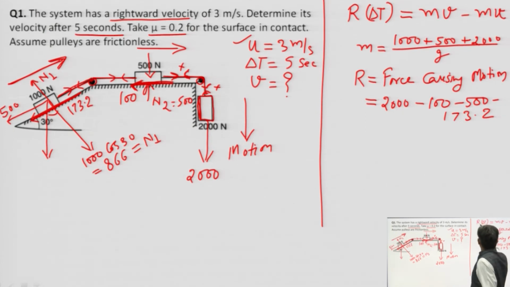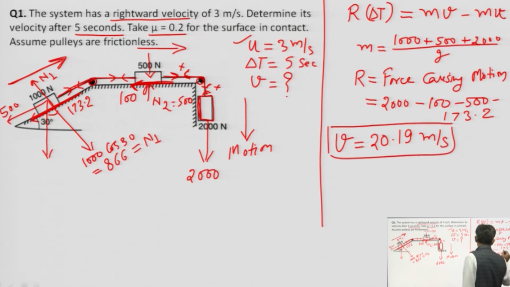Force causing motion value is known to us, delta t is known to us, m is known to us, then what is the problem to calculate the value of v? We can calculate the value of v from that equation, and the value of v will be 20.19 meter per second, simple.